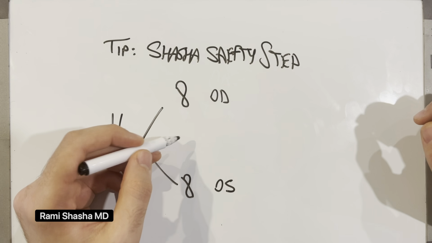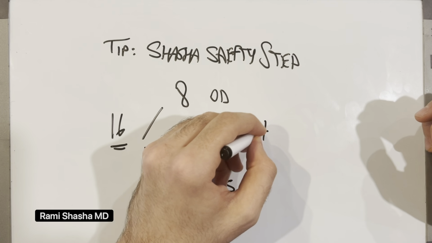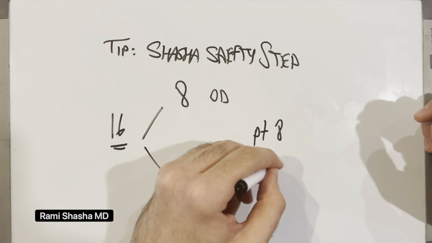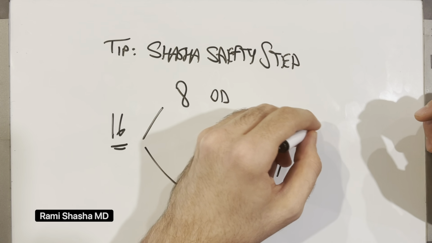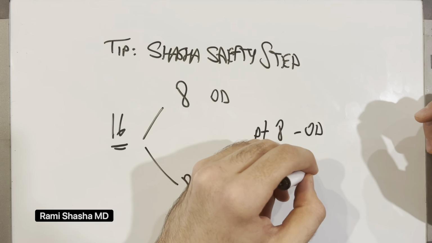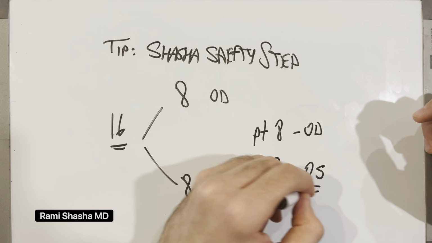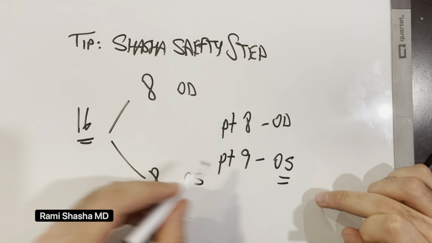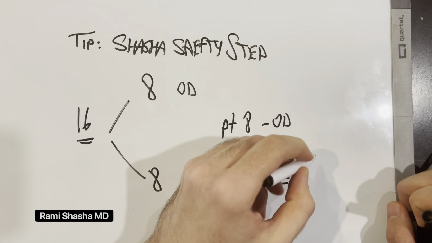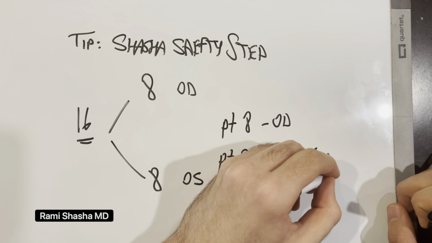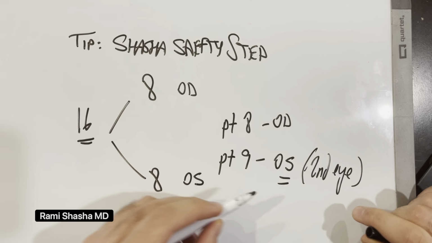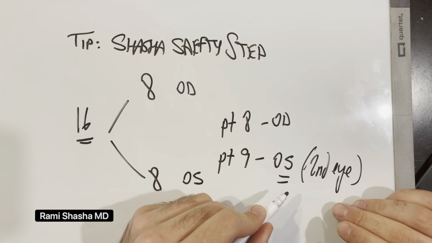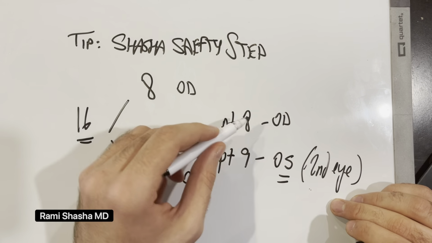As you're switching, here's patient 8, here's patient 9. Patient 8 is a right eye. Patient 9 is a left eye. Make sure that patient 9 is a second eye. This is an added safety measure to know to switch eyes.